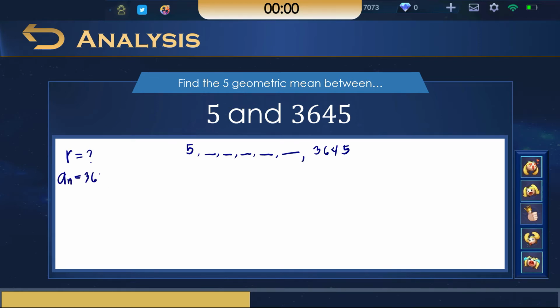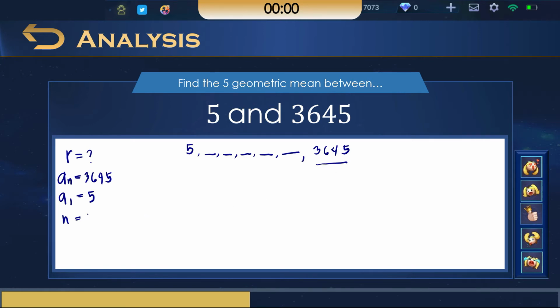Given those things, we have now the a sub n that is equivalent to 3,645. The first term is 5. And we have now the n, which is considered the order of the last number. If we look from 5 up to 3,645, the 3,645 will be the seventh term. If you count: first, second, third, fourth, fifth, sixth, and the seventh term.